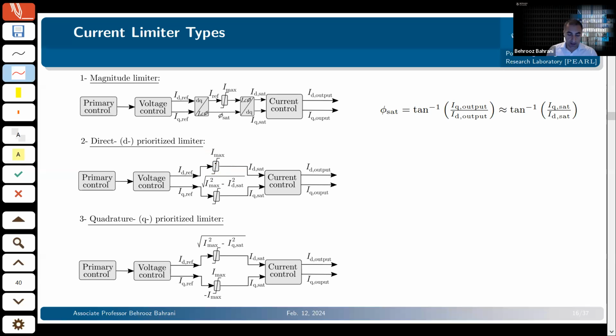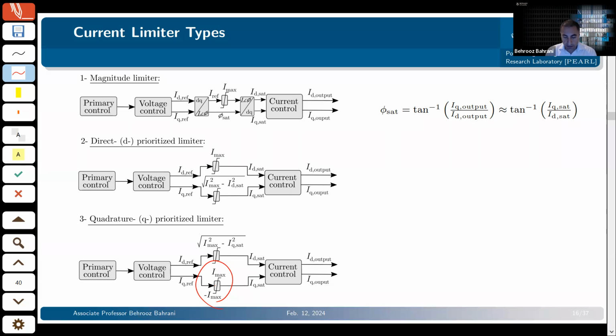Obviously, the other way is Q prioritized. So you give priority to IQ. In that case, you're limiting your IQ between negative Imax and positive Imax. And if there is room for ID, you actually go for ID control and determine how much ID you can inject based on the maximum current.